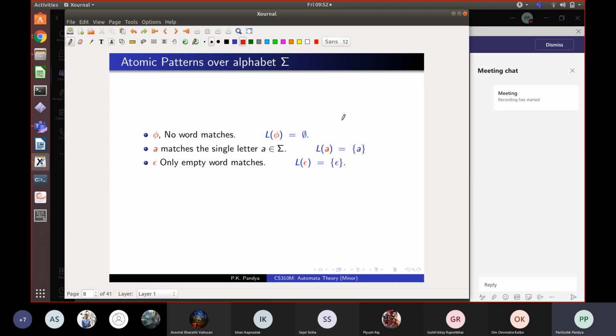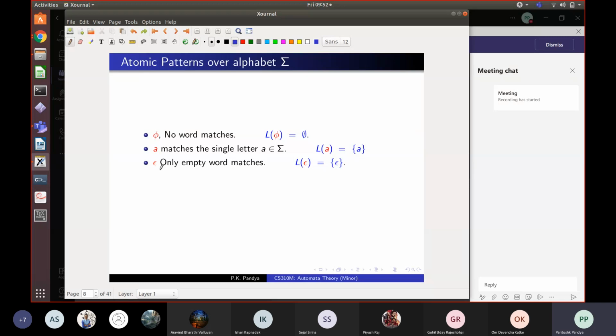So this set is not equal to phi, right? Okay, that's clear to you. Red epsilon is a basic atomic pattern, and its language consists of a set of a single element, and that element is the empty string.